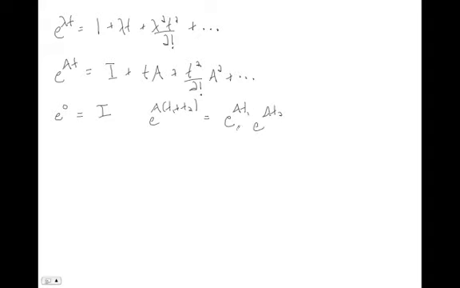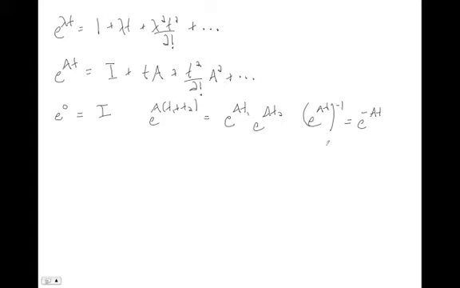You can prove that to yourself. You can also prove that if A is an n by n matrix, then e to the At is also an n by n matrix, and if I invert that matrix, it's the same as e to the minus At.